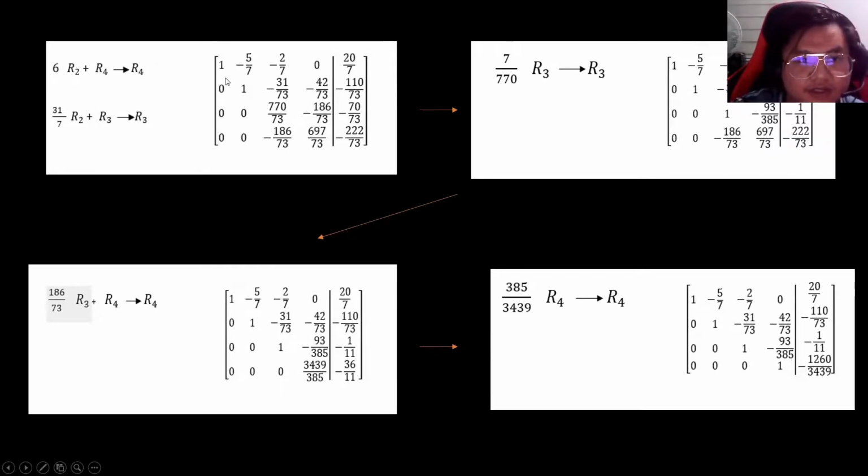So we will get 0, and next 31 over 7 multiplied with row 2 plus row 3, then replace it with row 3. And the steps go on till we get all of it into 1 diagonally and the numbers below it to 0.